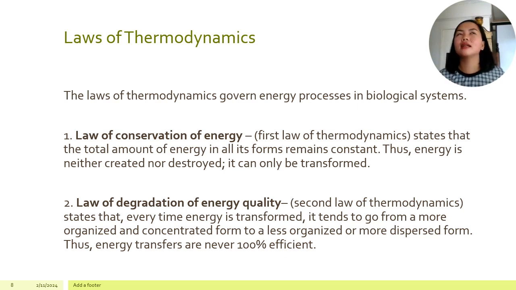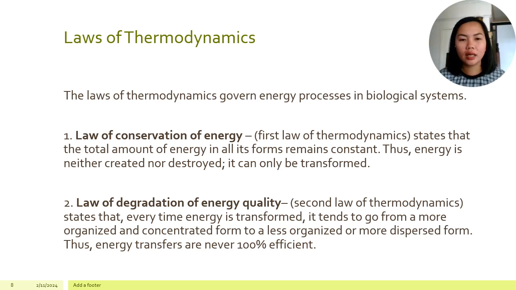So it means that, for example, there is a plant, and the plant contains matter and energy, or nutrients and energy within it. When the goat eats the plant, the energy and matter are transferred to the goat.